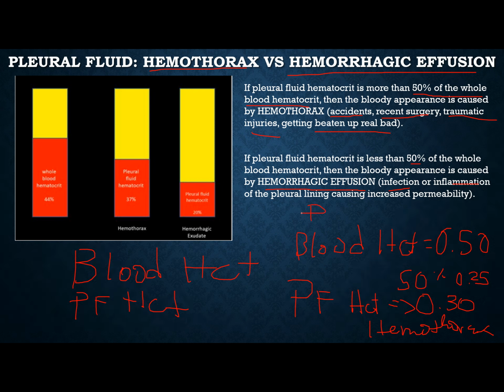And when you tested the pleural fluid hematocrit that is bloody, you got a hematocrit of 0.20. Since this is less than 50% of your blood hematocrit, then this is a hemorrhagic effusion caused again by an infection or inflammation. So I hope that was clear.